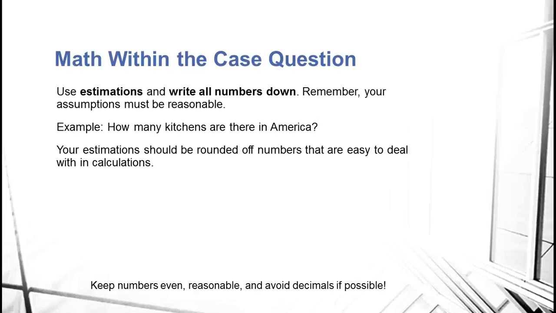And on average, how many television sets are in each household. But at every step of the way, you're being expected to make estimations to move the calculations along. So very important that you make the estimations. If they ask you a question like how many TVs are there in the United States, you can't ask them to give you the numbers.